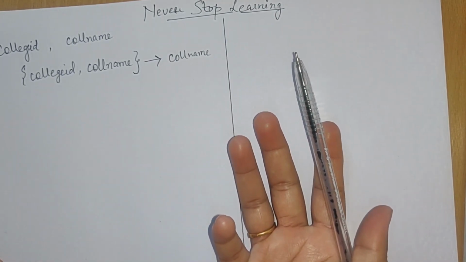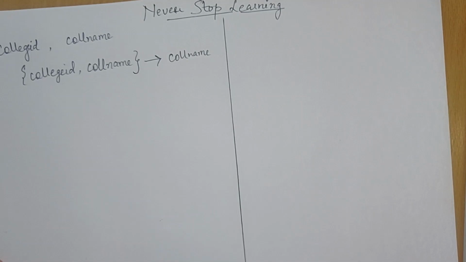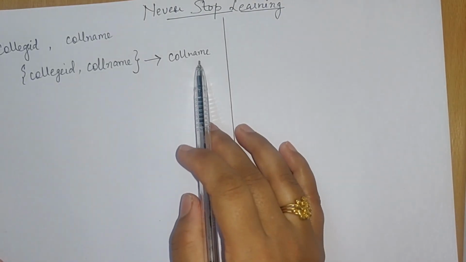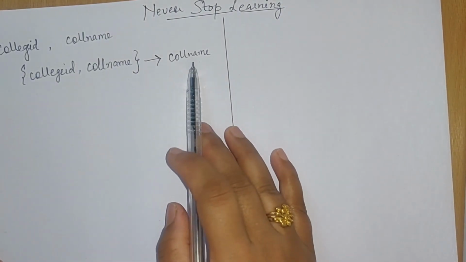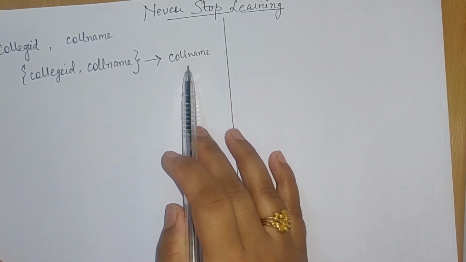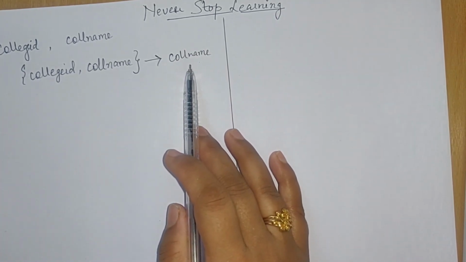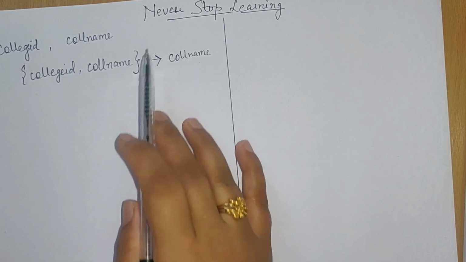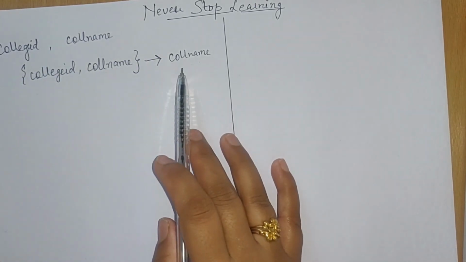So obviously, logically it's very silly that you are giving me college ID and college name, and you are telling me to search and uniquely determine college name. What I know, you are asking me the same thing. Fine. So what I know, I am telling you the same thing also. So this is an example of trivial functional dependency.